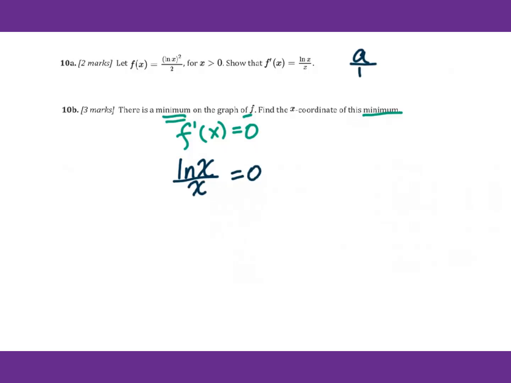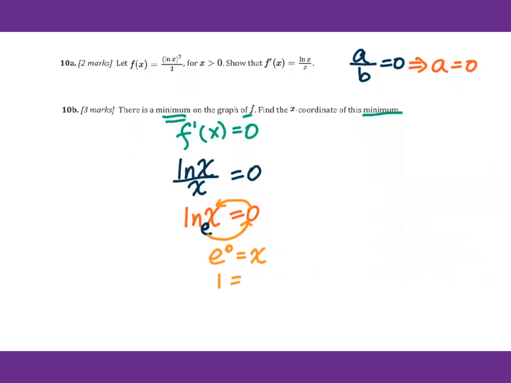We know a over b equals 0 means a equals 0. Therefore, we will get the natural log of x equals 0. The base is e, so we do e to the 0 power equals x, which means x equals 1.